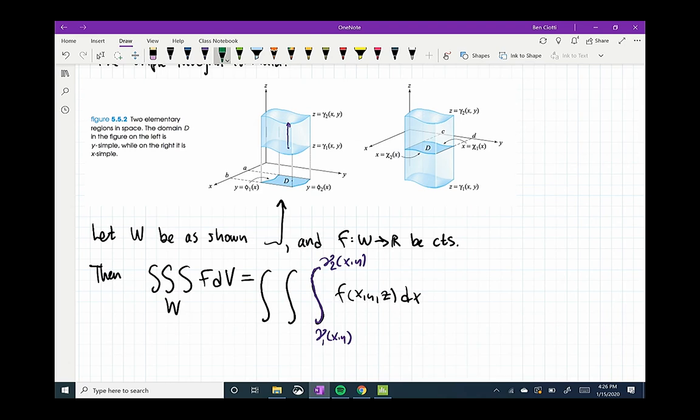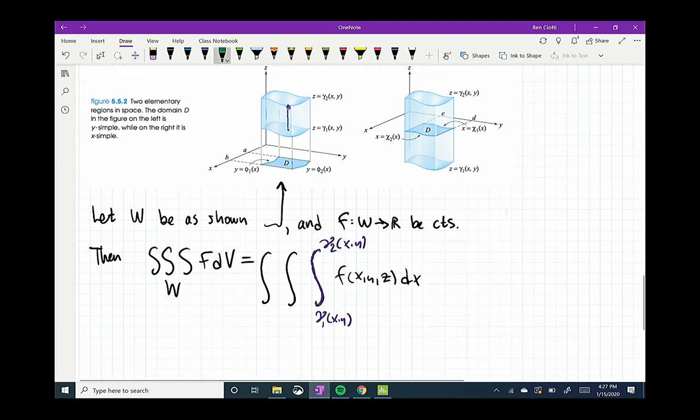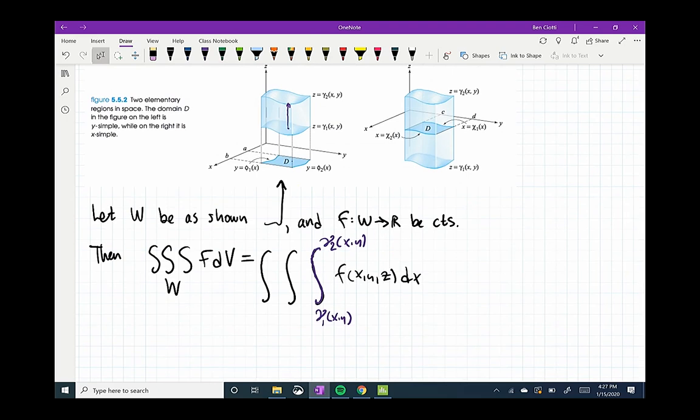Next, we need to perform that operation for a range of y values. That range of y values for a given x will start at phi1 of x and go all the way to phi2 of x.